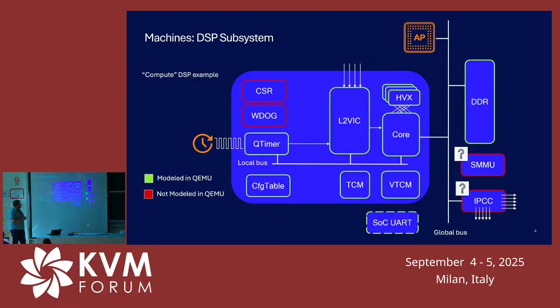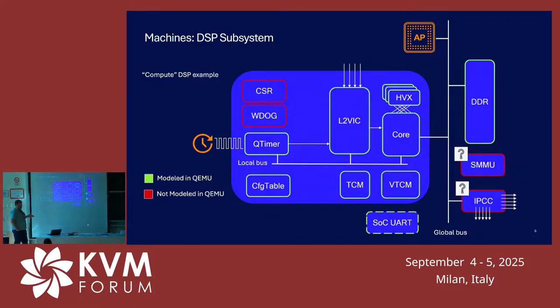At the interrupt controller, we have a timing source, and then we have a bunch of memories. There is a tightly coupled memory that's used sometimes for instructions, sometimes for general data, sometimes when you operate in the absence of a DDR, a powered DDR system.